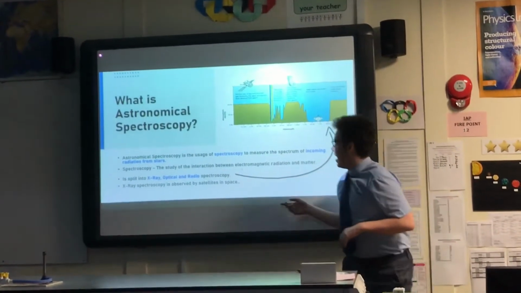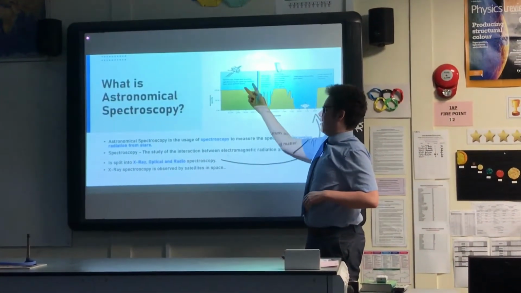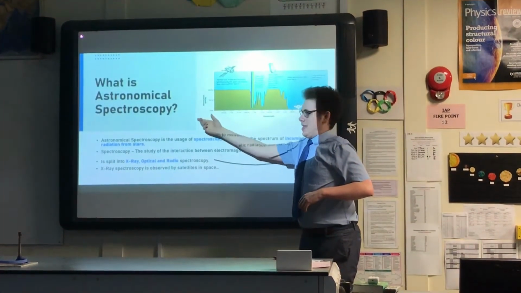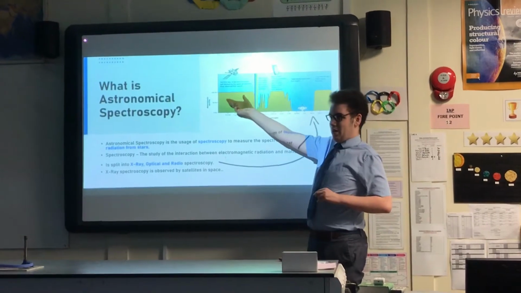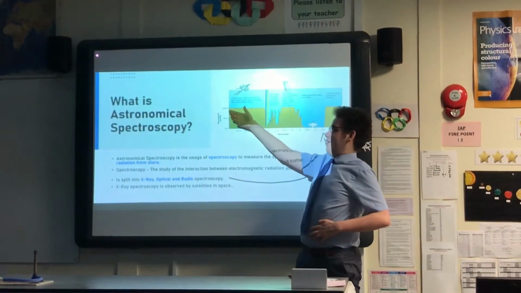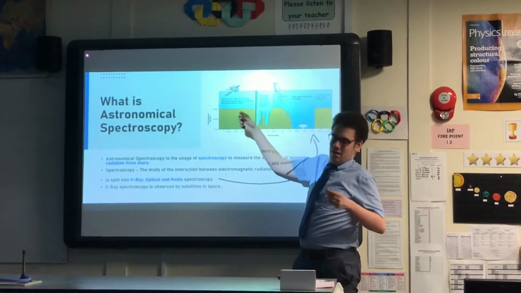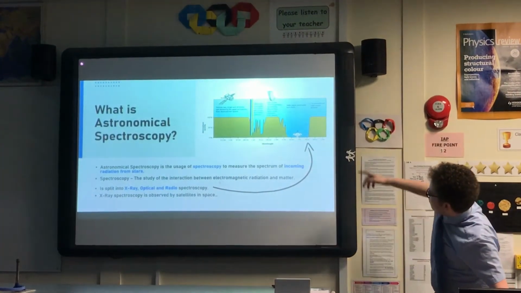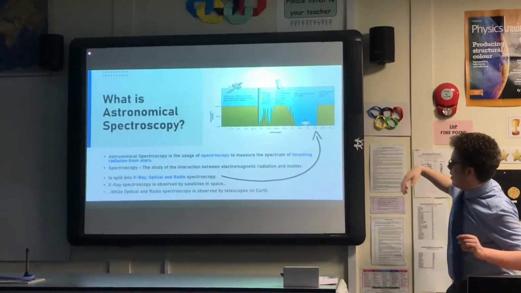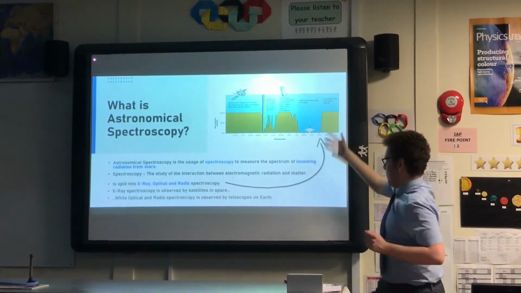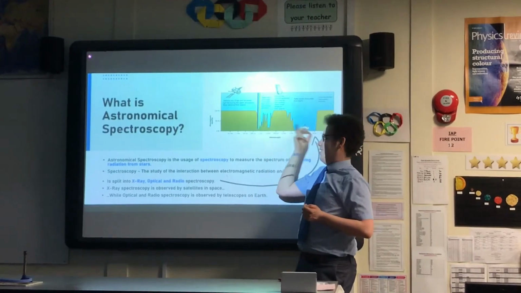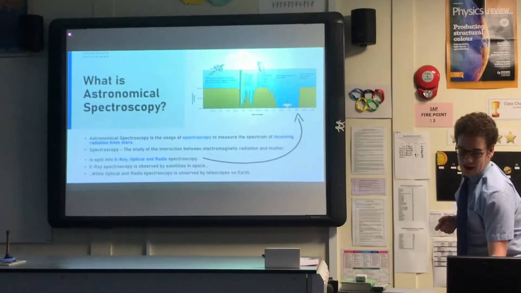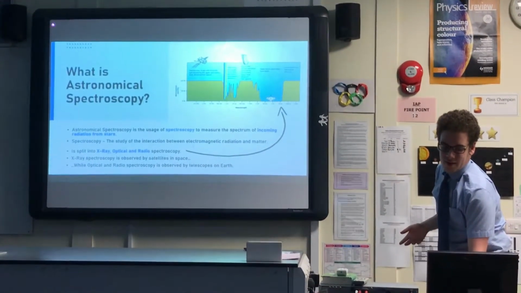As you can see, X-rays and anything kind of UV and less, so UV, X-rays and gamma, is absorbed by our atmosphere. So we have to use satellites to observe them. But visible light and radio waves, we can observe these on Earth quite easily. That's why we have 3 different branches of this.